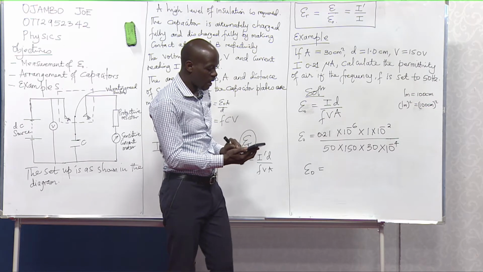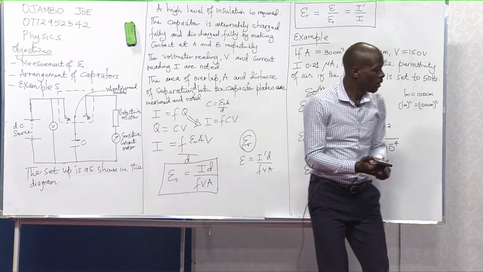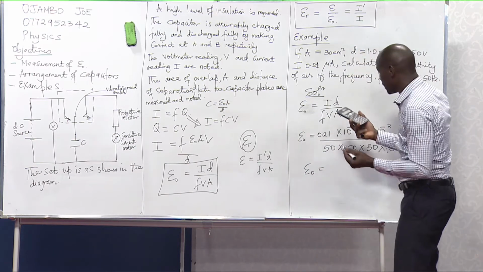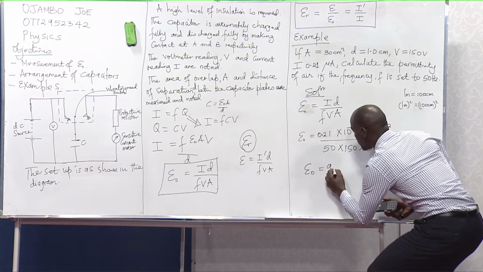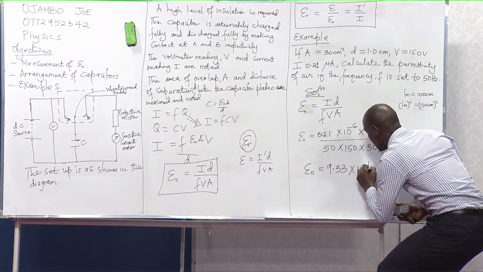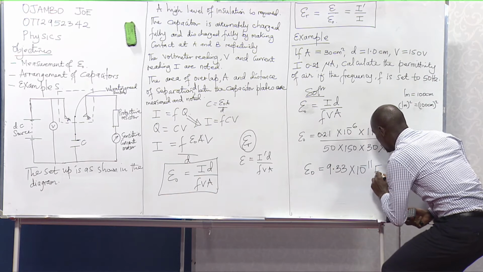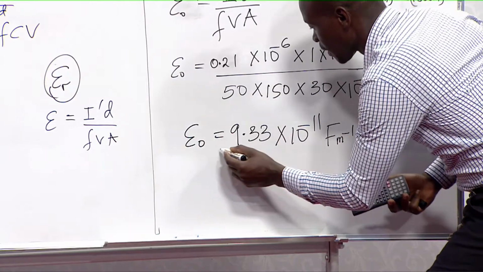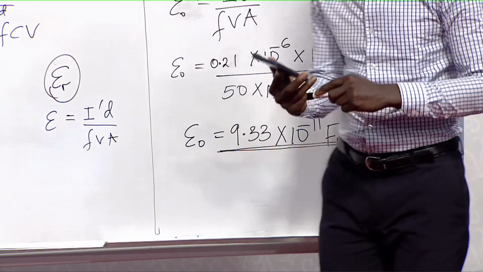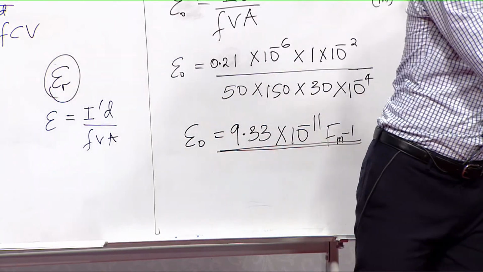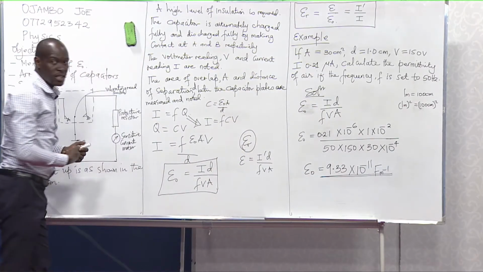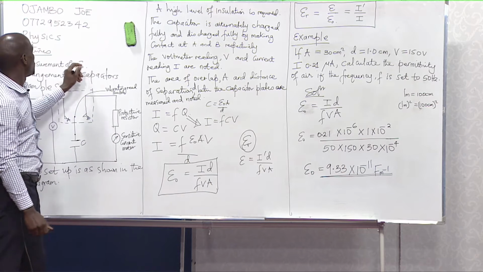All right, and we have got an answer, I don't know if people are getting the same answer as mine. This time I have 9.33 exponent negative 11 farads per meter. And that is the value of the permittivity of free space, which we have obtained. So, objective number 1 has been achieved.